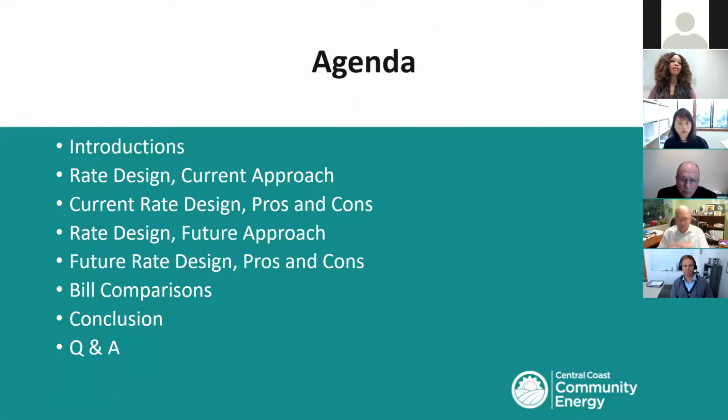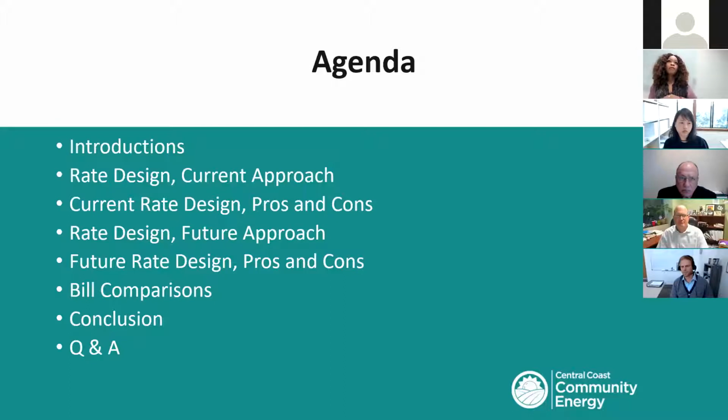We will kick things off with an introduction of the members of the team who are here, with both 3CE staff members and New Gen staff member who will be presenting this evening. Then we'll talk a little bit about our current rate design and the approach that we use to build out the rates that we have now.